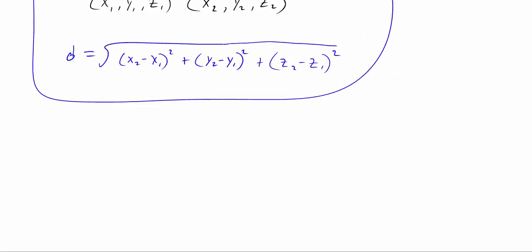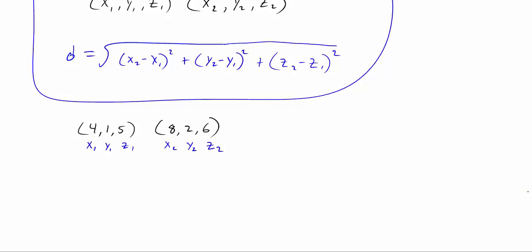So if we look at an example of this, let's say that we had 4, 1, and 5, and we had 8, 2, and 6, and we want to find the distance between those 2 points. Then, if it helps you, we could label this one as x1, y1, z1, and call this point x2, y2, and z2.